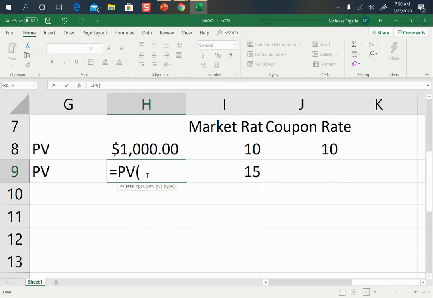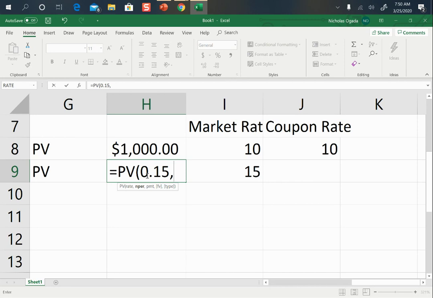So this will be the present value. The rate is still 10%, nothing changes. What is only changing for us is the market rate. So our market rate changes to 15%.